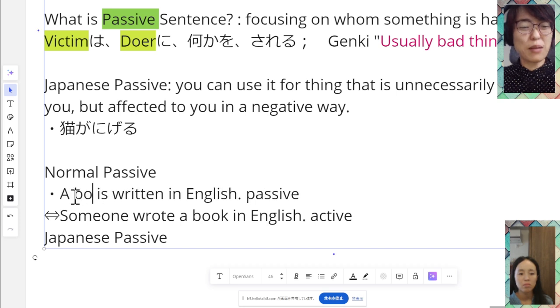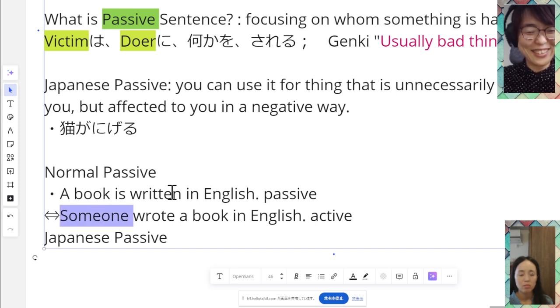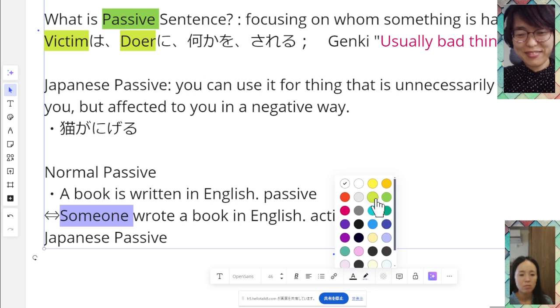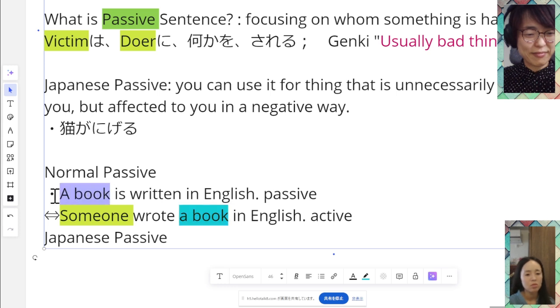So a book is in English. So this is okay. How many people appeared? Only one. Someone. And a book. What is this element in this sentence? A book.